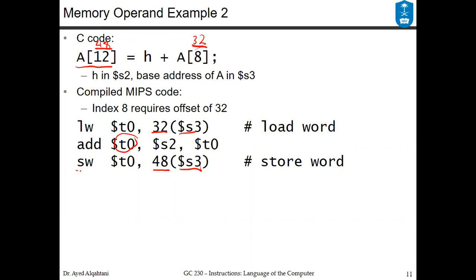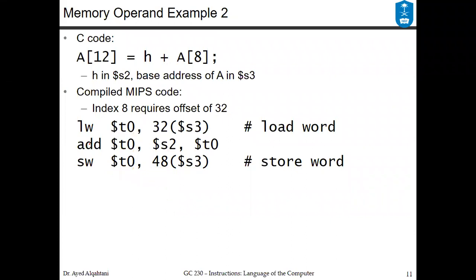Now, the store word instruction stores the value that is in this register that you already calculated here, and you store it in the memory location indicated by the base register and the offset.